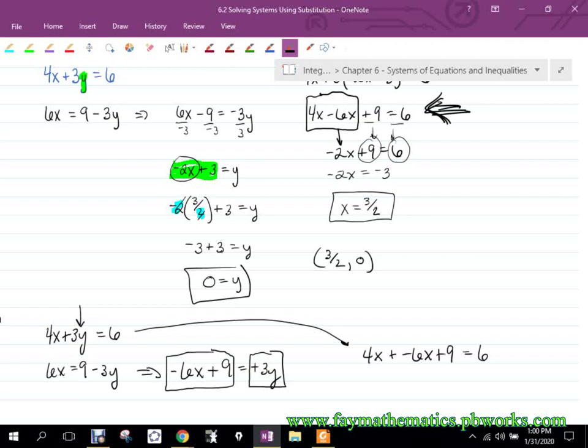If it makes sense to do that, if you know what negative 10y is equal to, go ahead and make that complete substitution. Does that make sense? You're replacing two things that you know are equal. If you are at some point going to say 3y and negative 6x plus 9 are equal, then wherever you see a 3y, you can replace it with negative 6x plus 9. Okay?